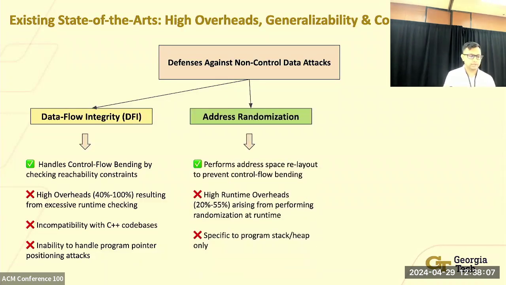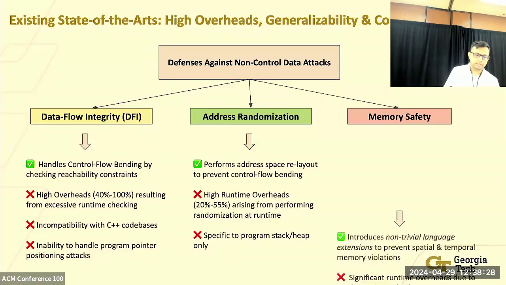Another case is randomization. Basically, you try to do some random relayout for both stack and heap. But if you do it at runtime, it causes high overheads, and static randomization has been shown to be not that effective. And they are either specific to stack or heap.